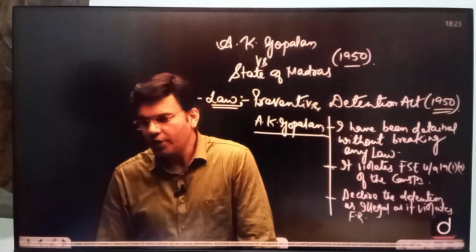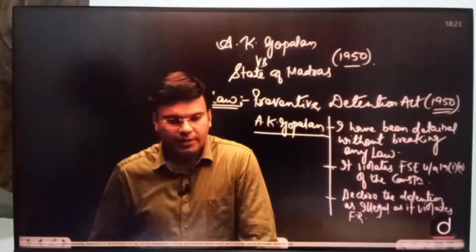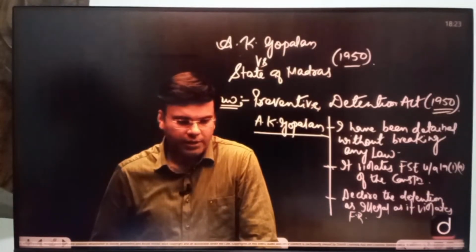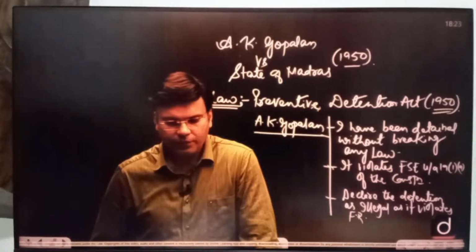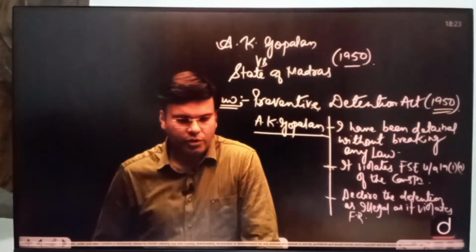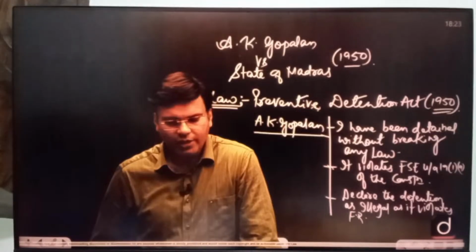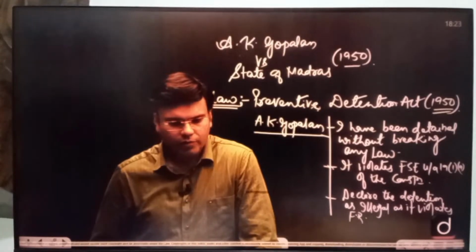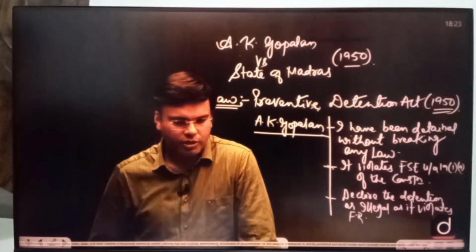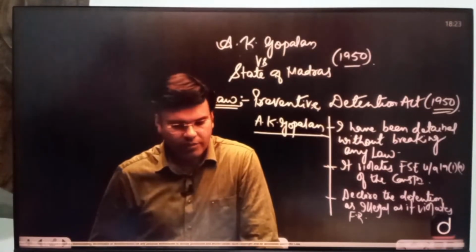The court refused to read due process of law under Article 21 by stating that the constitution makers had explicitly provided for procedure established by law.